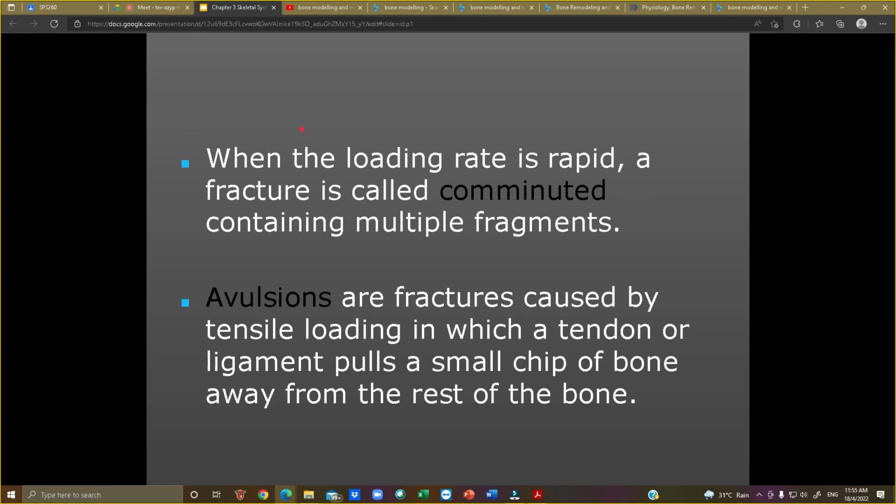Okay. Stress ataupun compress, if the compress being given to the bone in not favorable direction, dia boleh dapat fracture. Okay. When the loading rate is rapid, fracture is called comminuted containing multiple. Ni maksudnya dia brittle, dia pecah. Okay, this is maksudnya dia pecah.